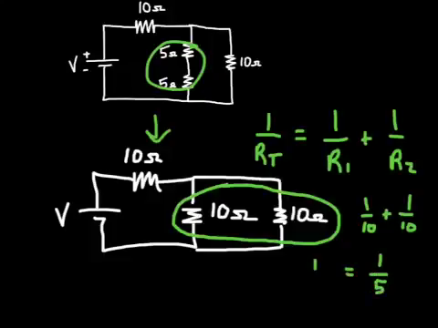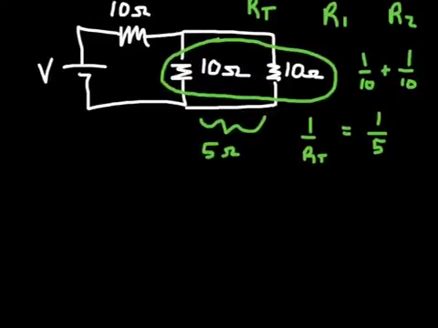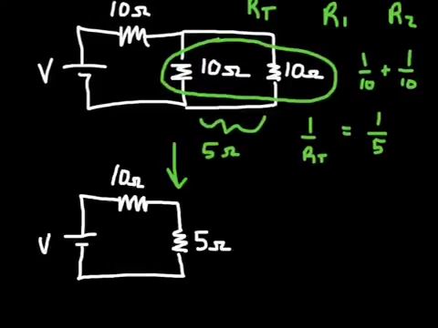So 1/5 would be 1 over R total, so together those two resistors act as a 5 ohm resistor. We can now redraw the circuit once again to look even more simple. Our simplified diagram now just has a 10 ohm resistor in series with a 5 ohm resistor.